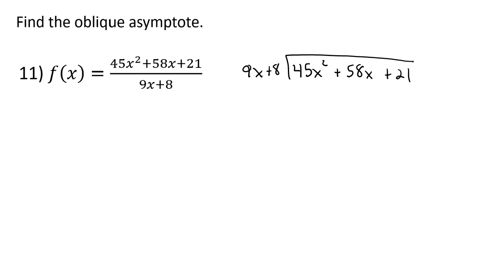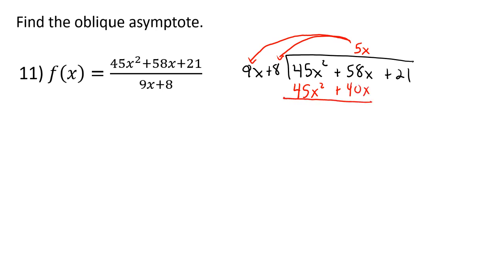So we have to figure out what number 9x times what would give us 45x squared. That's going to be 5x. So I'm going to line that up with the 58x here. So 5x times 9x is 45x squared. 5x times 8 is 40x.